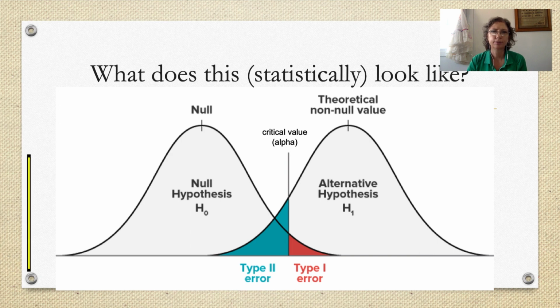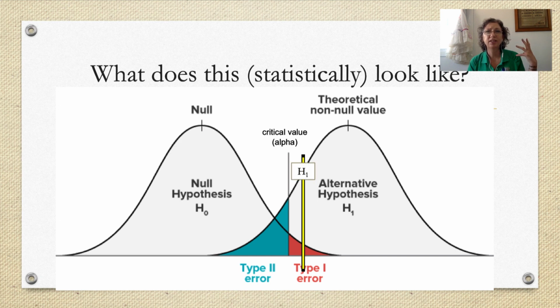So if my test estimate came out significant, in other words, it exceeded the critical value, then our decision would be to reject the null hypothesis and support the alternative. However, if the null actually was true, or in other words, the effect found in the test estimate was only true for my sample and not really true for the population, then we've made a type 1 error. And that's the risk we're willing to take based on setting our alpha level at 0.05.